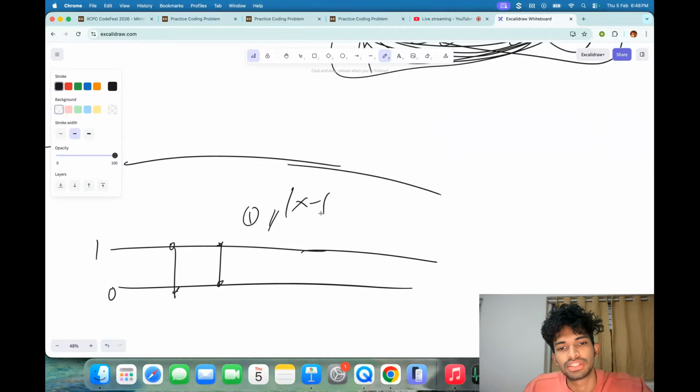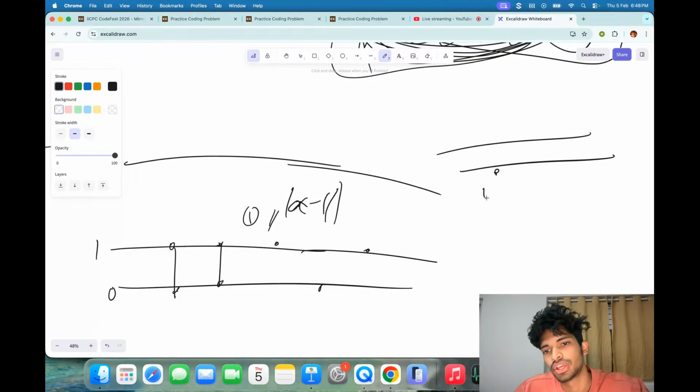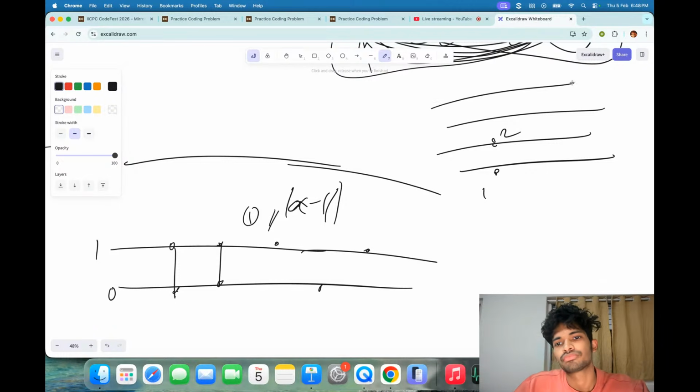If you do modulus of x minus 1. So let's say you're only given ones and twos, okay? Whatever remainder greater than 2 you do, these things will not change.